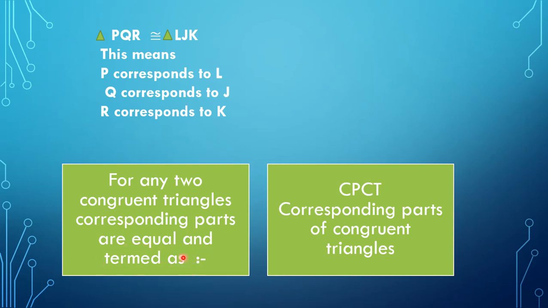So what we use for this is CPCT, that is, corresponding parts of congruent triangles. If any two triangles are congruent, then by CPCT, corresponding parts of congruent triangles are equal.